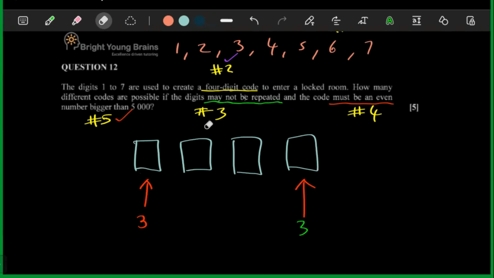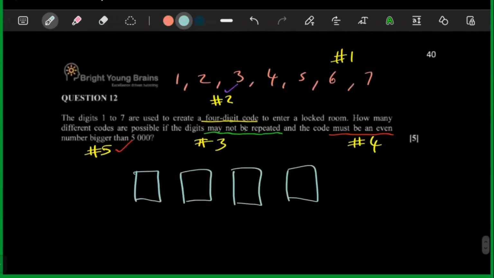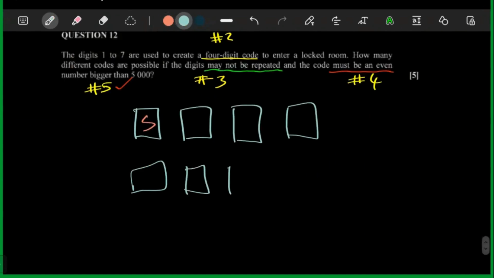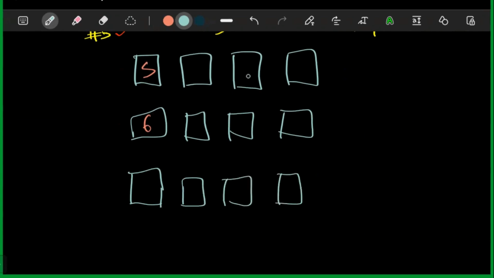So in a situation like that, you have to think to yourself, okay, fine, the front here only has 3 options. So you might as well lay out the 3 different kinds of numbers you can have. You can either have numbers that start with a 5, then numbers that start with a 6, and lastly numbers that start with a 7.